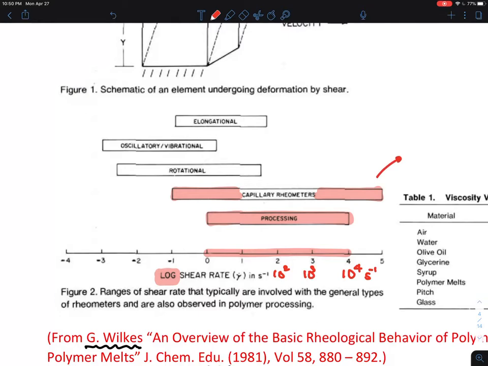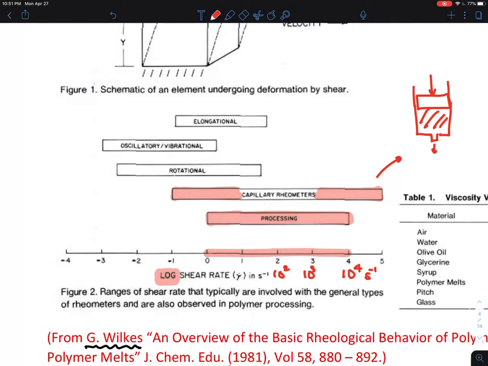So the way that it works is you put the polymer in as a melt and push it through the nozzle.